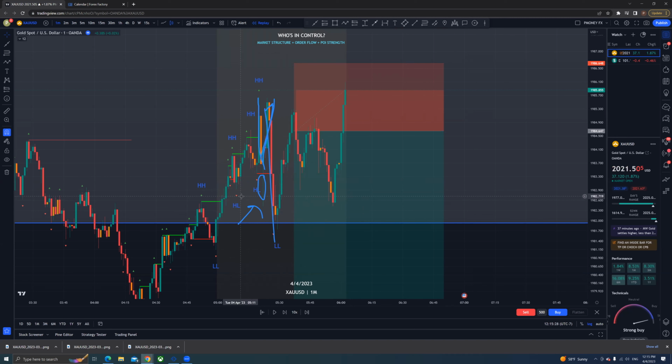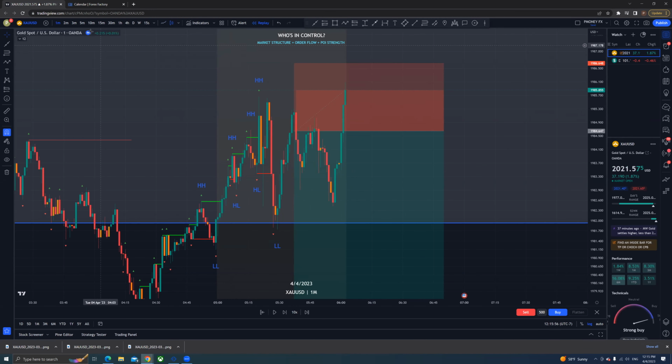To me, that's not strong, because that wick represents that the buyers did not want price to go that low. It did, and then as soon as it did, look at what it did. It couldn't even go back further downward. It tried one time here, tried again here, tried again here with the final push, and then price went straight to your stop loss. Does that make sense?